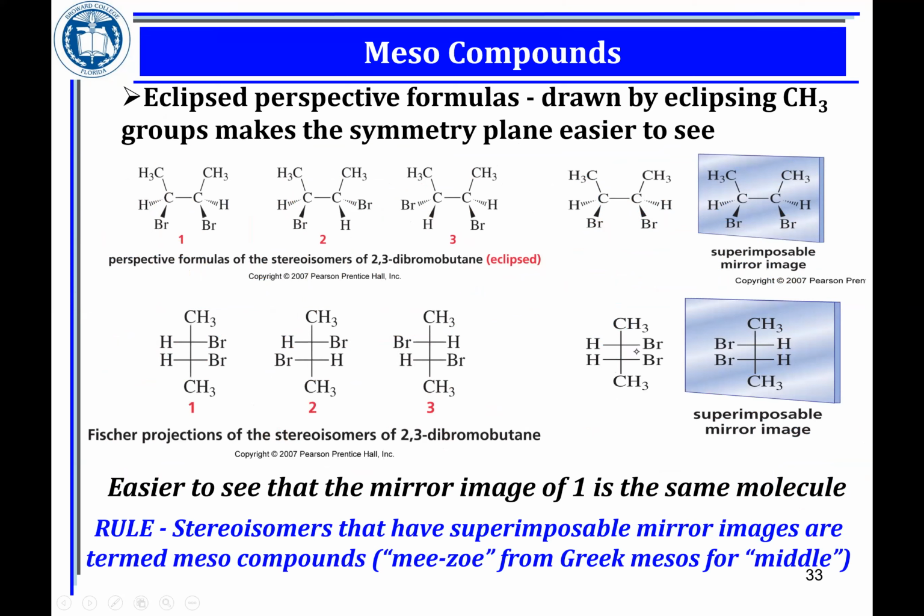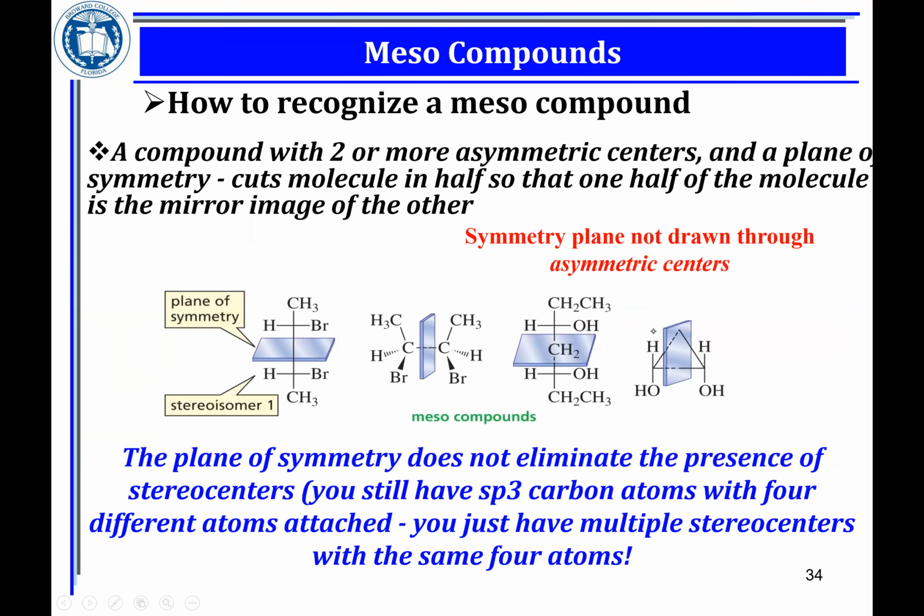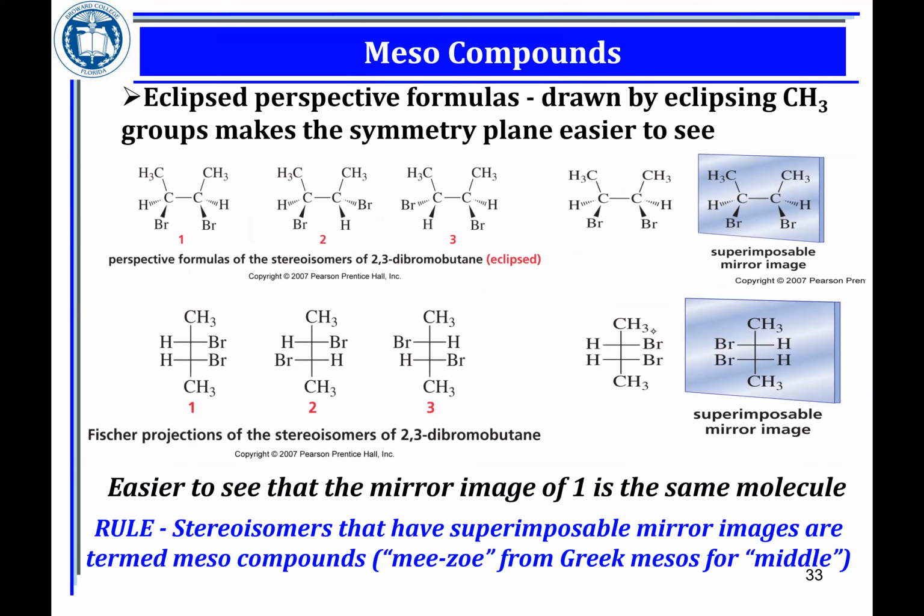Are these two superimposable? These two compounds are superimposable. It may not be easy to see, but you could rotate this by 180. So this CH3 would come over here.